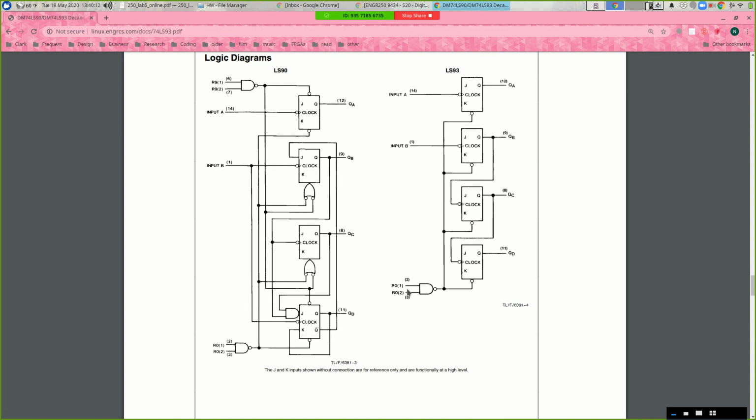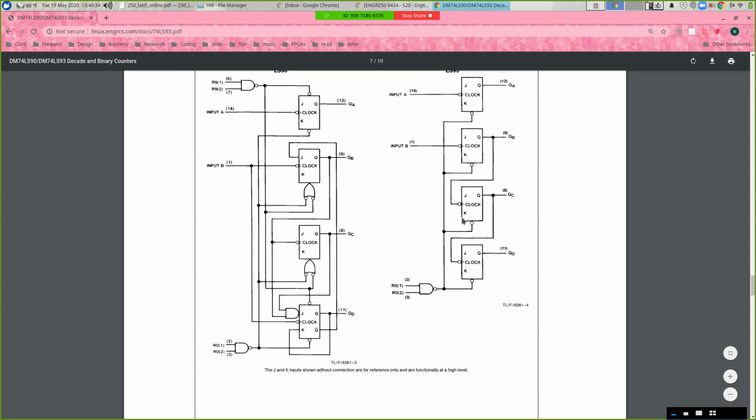So if these are tied to ground, you have a 4-bit counter that goes from 0 through 15. But if you hook that up to your display, it'll just show you on that 7-segment display 0, 1, 2, 3, up to 7, 8, 9. And then it'll go blank for the next 6 counts, 10 through 15, and then it'll go back to 0. So after you get to 9, you would like the next clock tick to go back to 0.